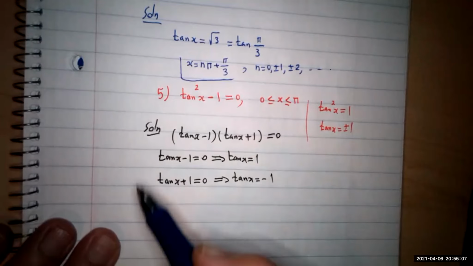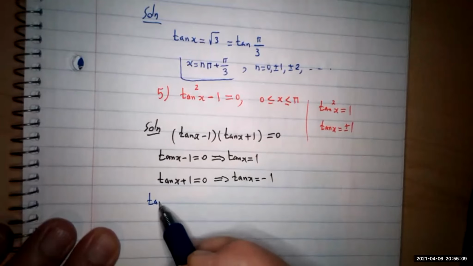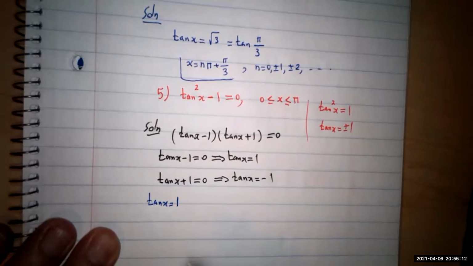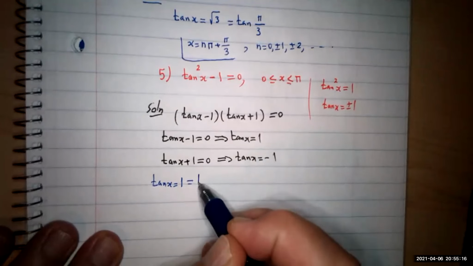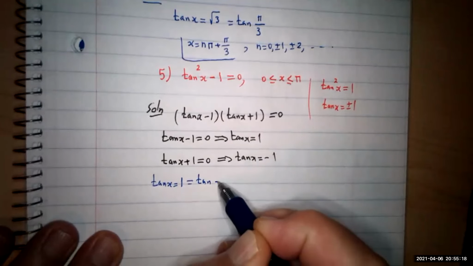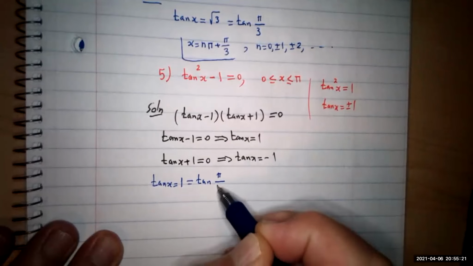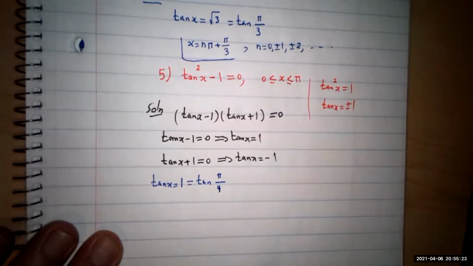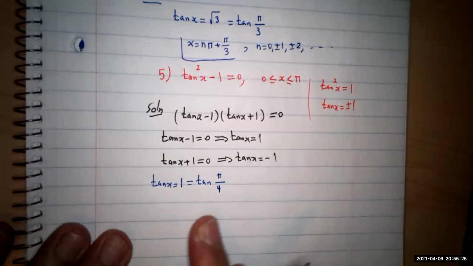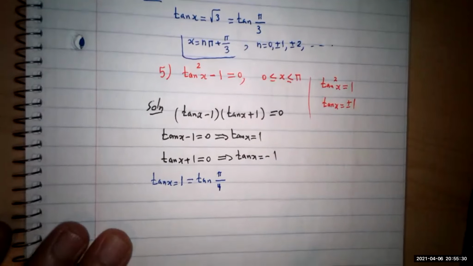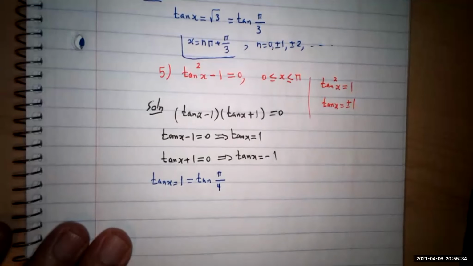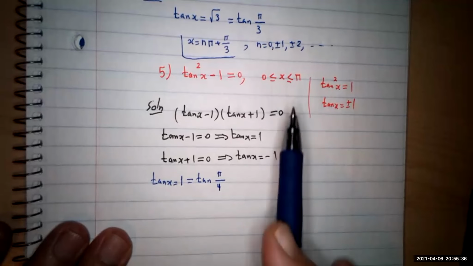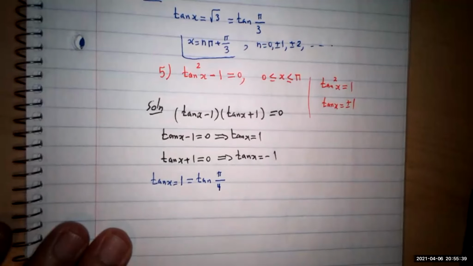So I have tangent of x equal to 1. Now 1 is very popular, it is the tangent of 45 degrees, and you have to know this one for the tangent. So that gives you pi/4. You have to write the general solution, then find out how many are between 0 and pi, and you get only one solution.